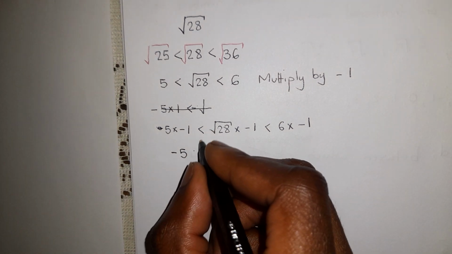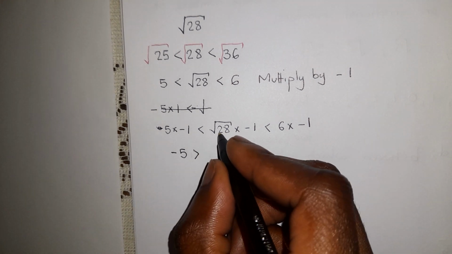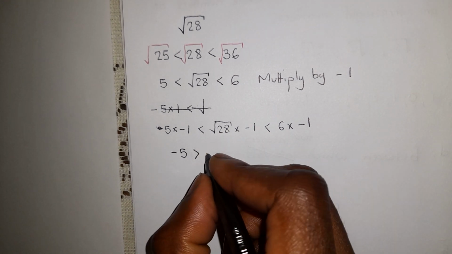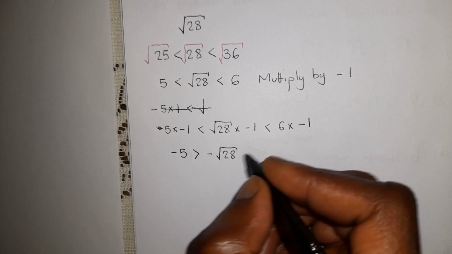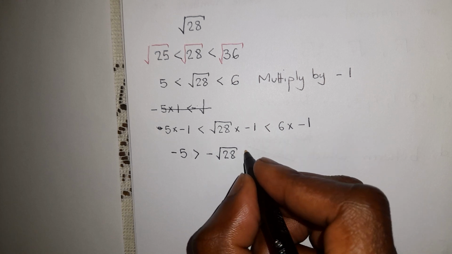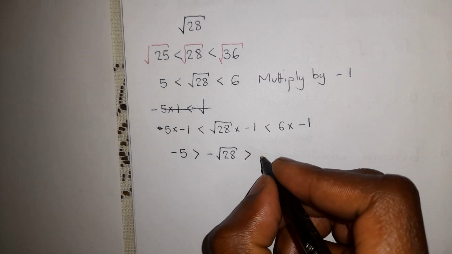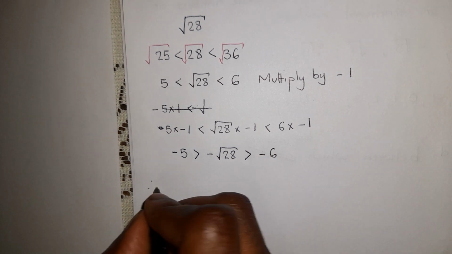Then from less than, it becomes greater than. And then 28 times negative 1 is going to be the negative square root of 28. Similarly with this one, because you are multiplying with a negative, the inequality sign will also change direction. We'll have negative 6. Therefore, what does this mean?